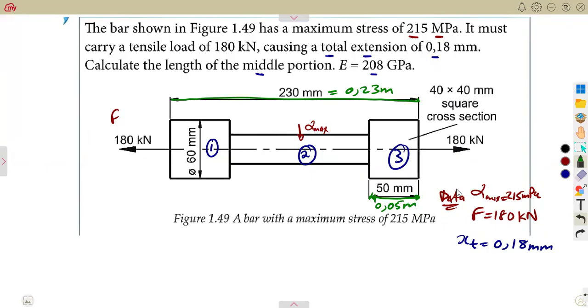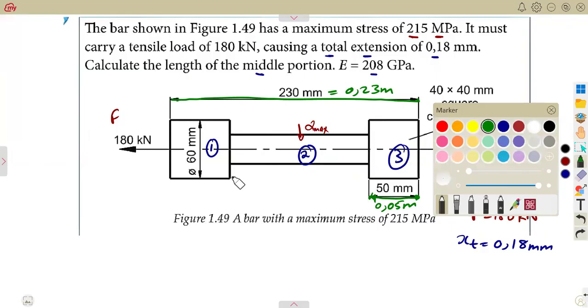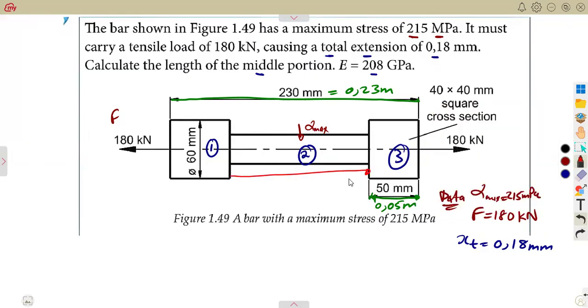This is the section that we have. The middle part, we do not have its length here. They want you to calculate its length here. Calculate the length of the middle portion. So let's just call it L2, the middle part. The first section here, we also do not have its length.